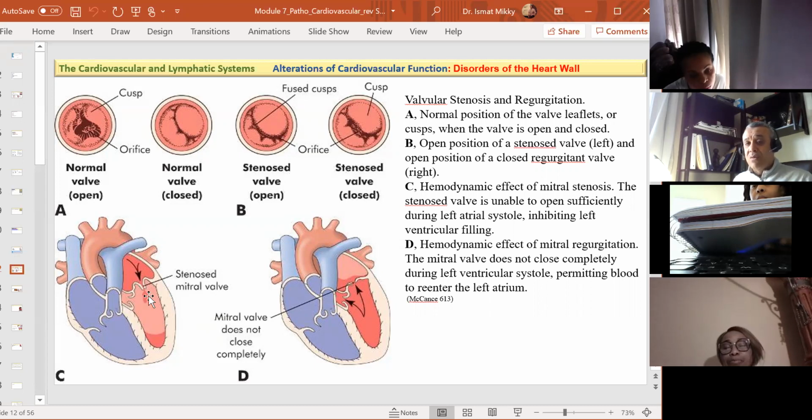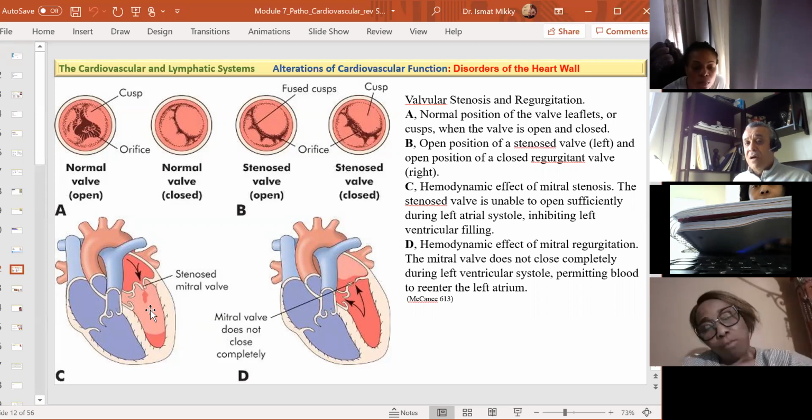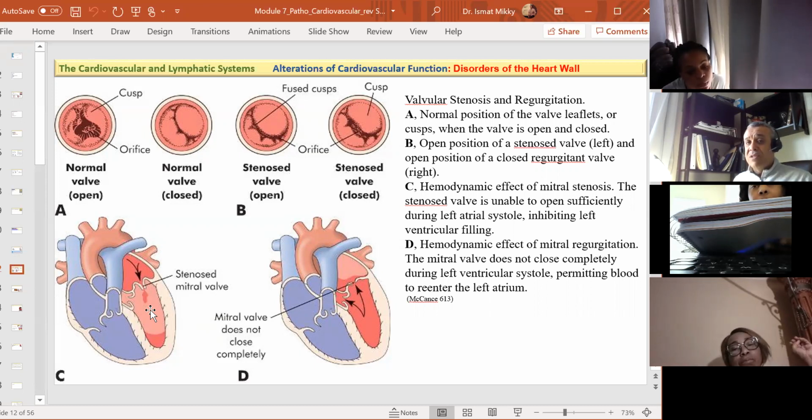However, when it's stenosed, less blood passes through that small orifice, and that will result in less blood coming into the left ventricle, and more blood will be stagnant and pooled in the left atria.